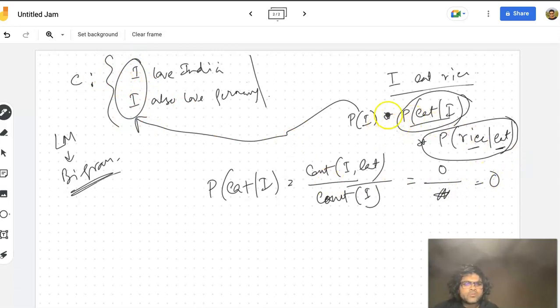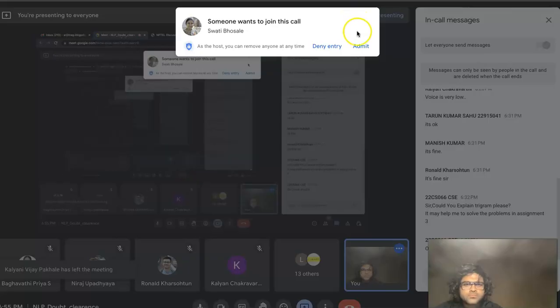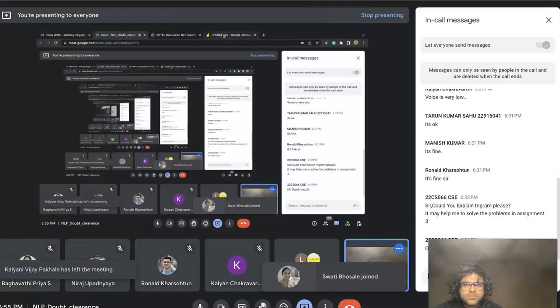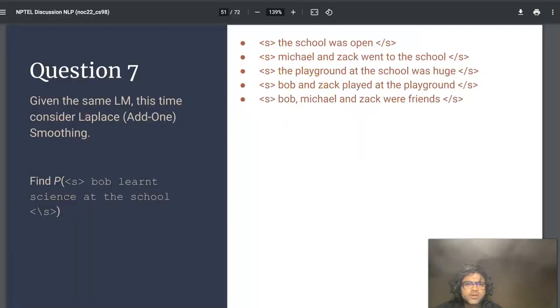But as we are multiplying, the whole probability of the sentence will be 0. So this is the problem. If we go with this kind of count without any smoothing, we fall into this trap.